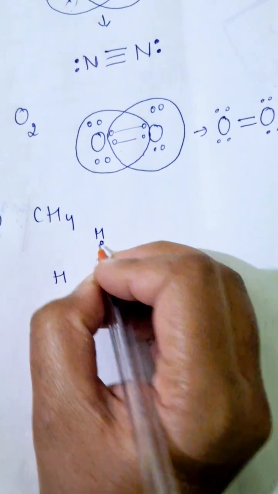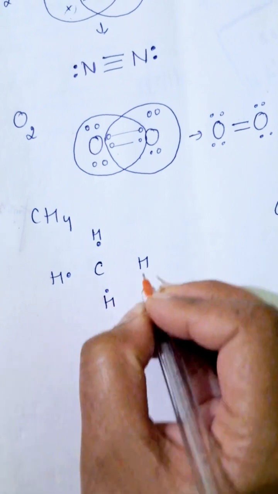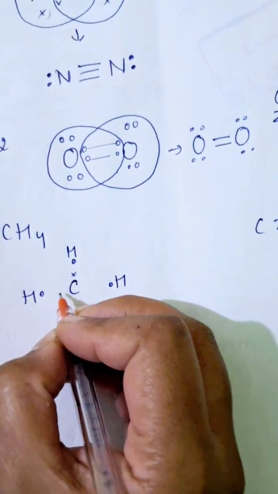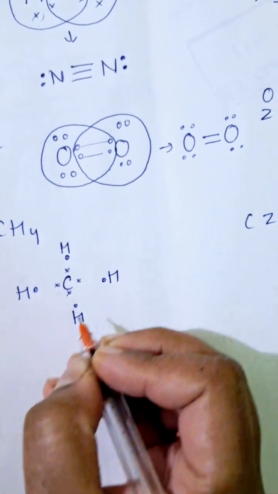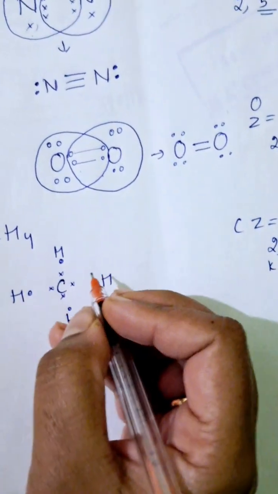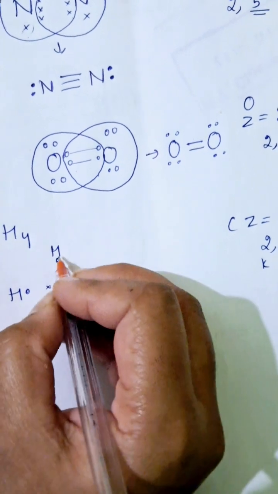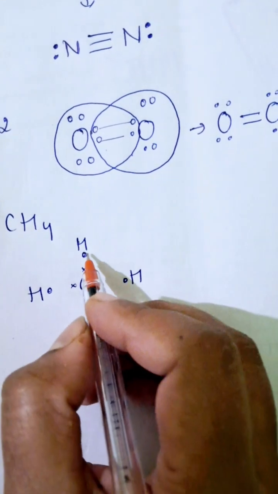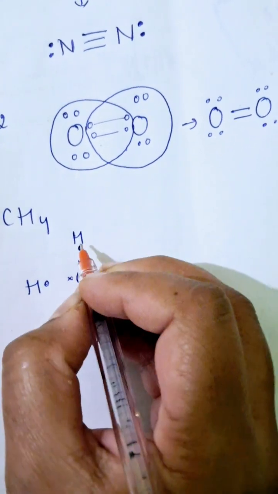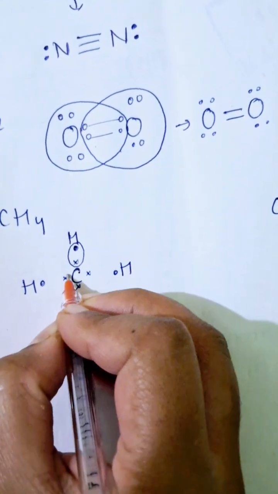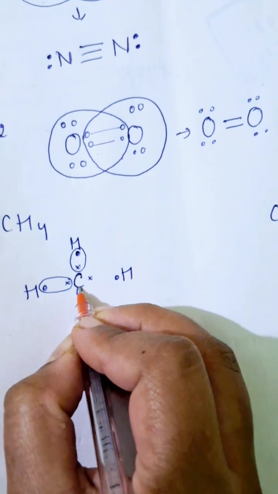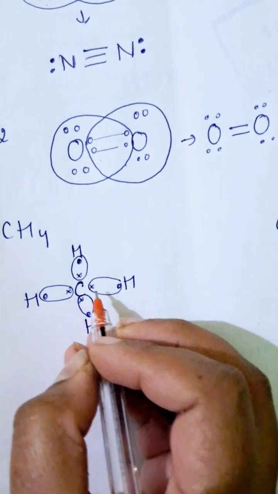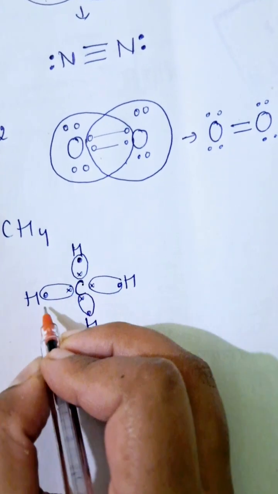Each hydrogen has one electron, so I will show one each. And carbon has 4, so we have to show 4. It's better to represent carbon's electrons with some other symbol and hydrogen's with a dot, so that you can tell the carbon's electrons and hydrogen's electrons apart. Each hydrogen follows the duplet rule, so we show the bonding like this, such that each hydrogen gets 2 electrons. Now look at carbon: it already has 4 electrons and requires 4 more.